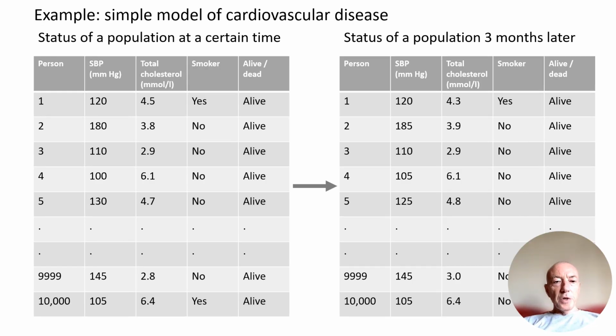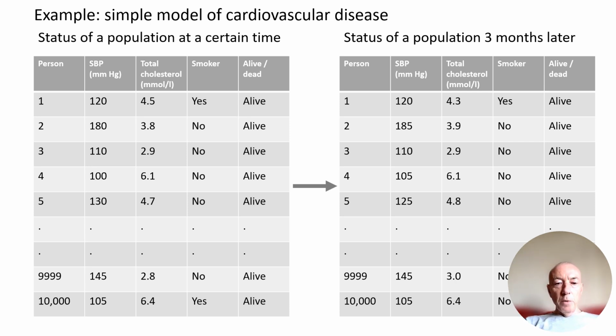So if you look at this simple model of cardiovascular disease, and the status of the population at one point in time, you see for each individual, we have a systolic blood pressure value, a total cholesterol value, whether they're a smoker or not, and whether they're alive or dead.